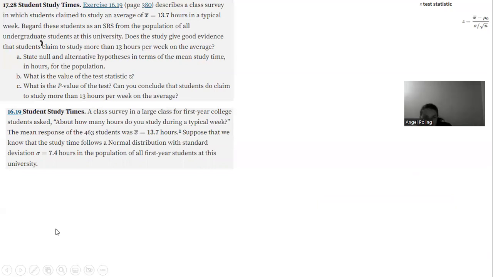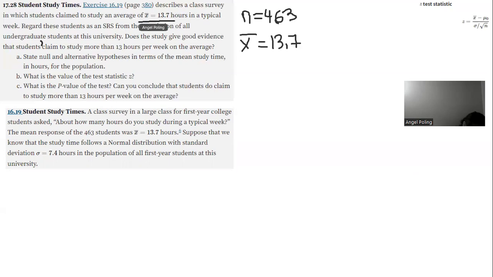Okay, so in 16.19, they give us the values that we're looking for. So we have n equals 463, x bar equals 13.7, same as they told us in our problem. Sigma equals 7.4.